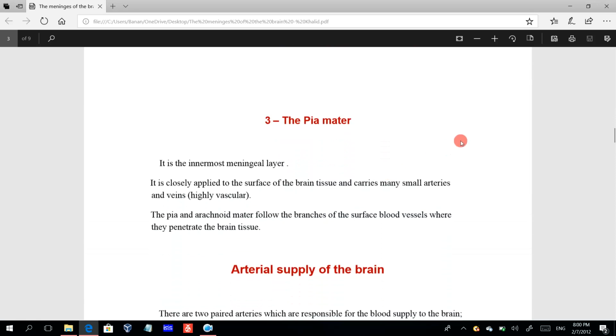The third layer is the pia mater, الحنون, and it is the innermost meningeal layer. It is closely applied to the surface of the brain tissue and carries many small arteries and veins. It is highly vascular. The pia and arachnoid mater follow the branches of the surface blood vessels where they penetrate the brain tissue.